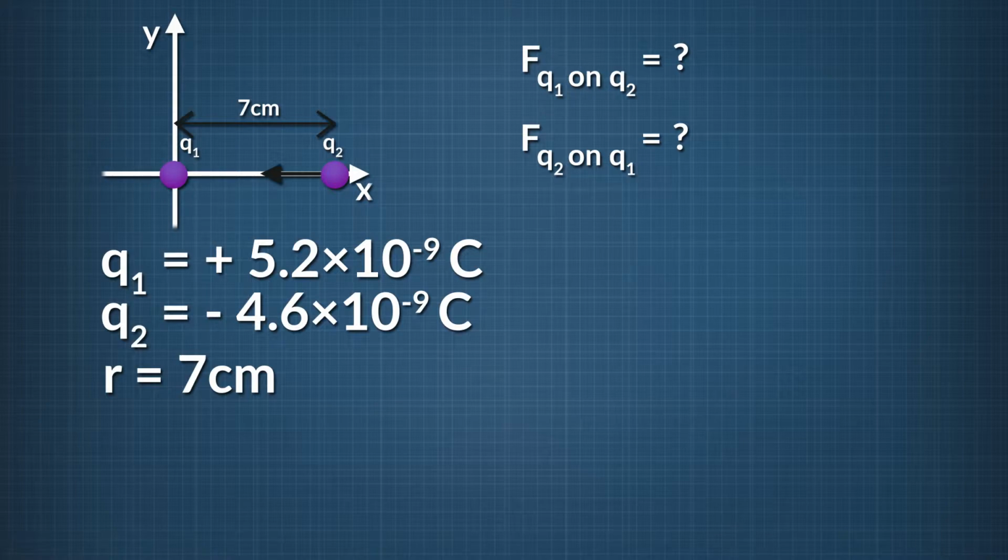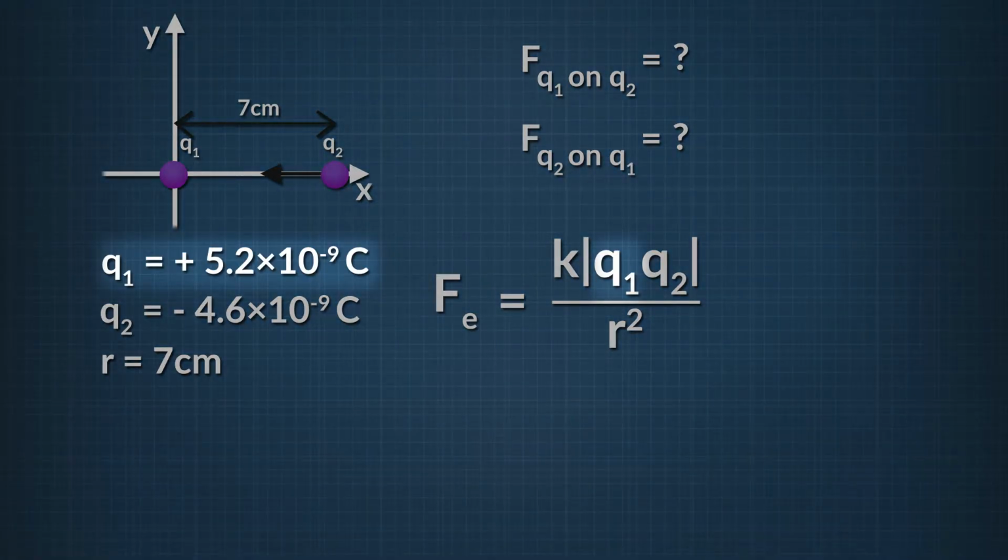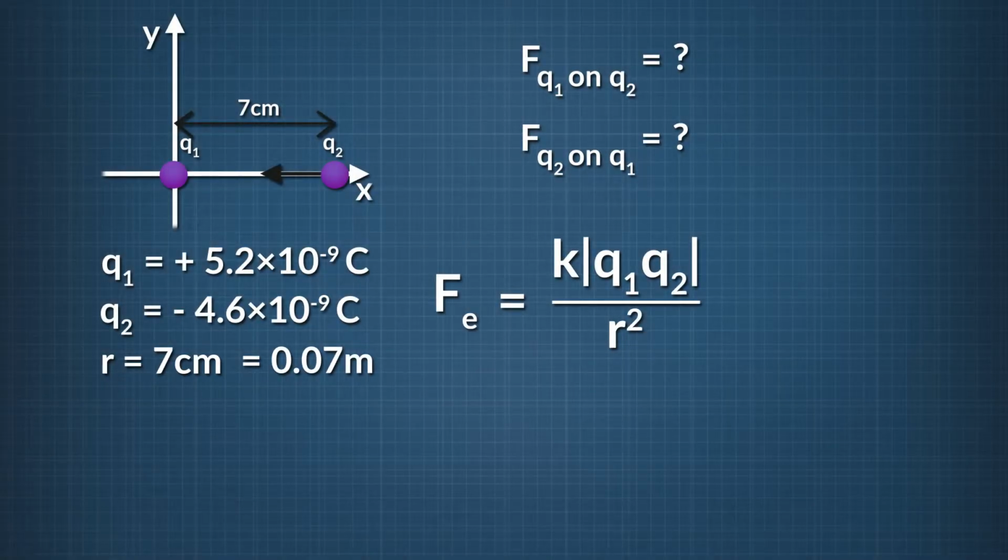To solve for force magnitude, we'll use Coulomb's law. The problem states that Q1 is positive 5.2 times 10 to the negative 9th coulombs, Q2 is negative 4.6 times 10 to the negative 9th coulombs, and R is 7 centimeters, or 0.07 meters. Let's put all these values into Coulomb's law and see what we find.